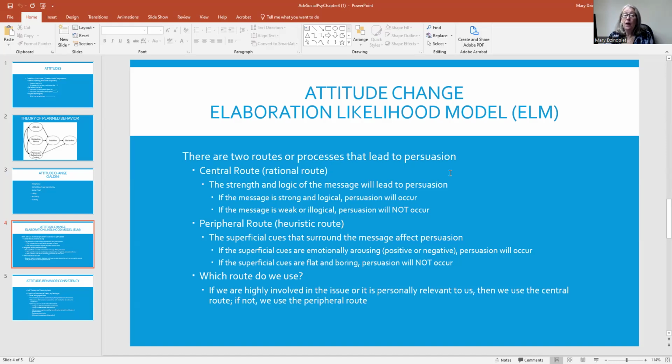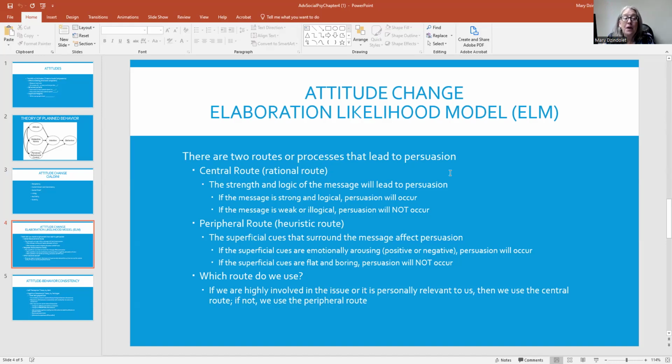Okay. However, most of the time, the topics are not personally relevant. They're not super important to us, and we're not even using our central route. And when we're using our peripheral route to process a persuasion attempt, the message doesn't matter at all.